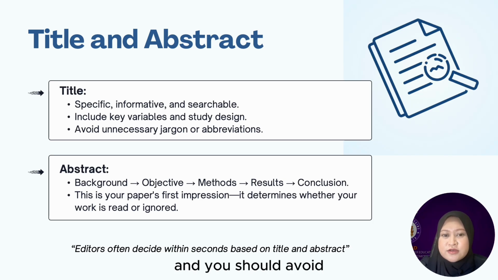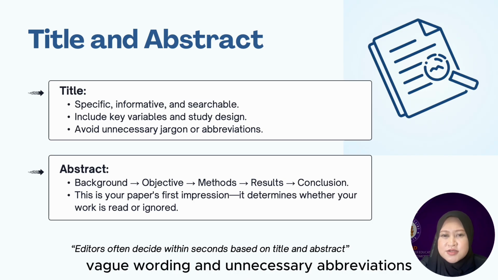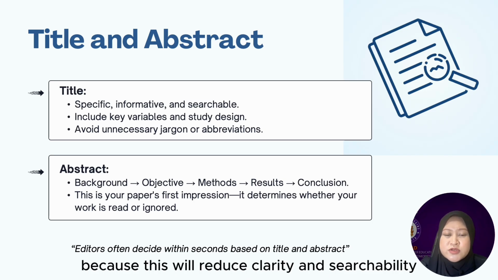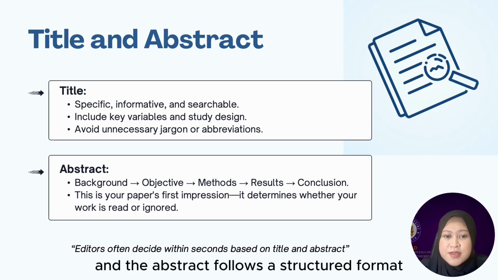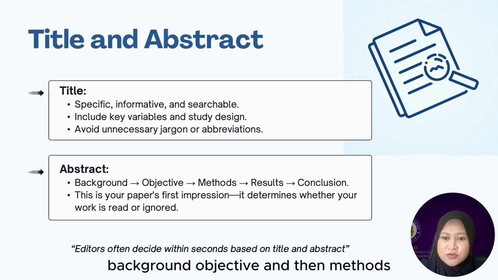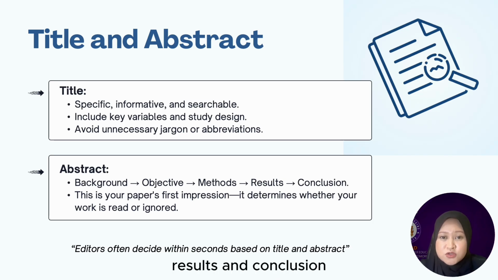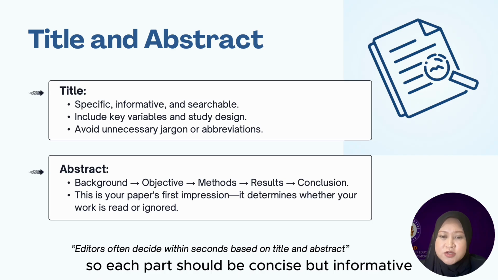You should avoid vague wording and unnecessary abbreviations because this will reduce clarity and searchability. The abstract follows a structured format: background, objective, and then methods, results, and conclusion. Each part should be concise but informative.